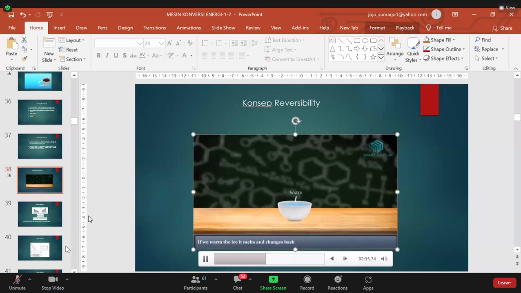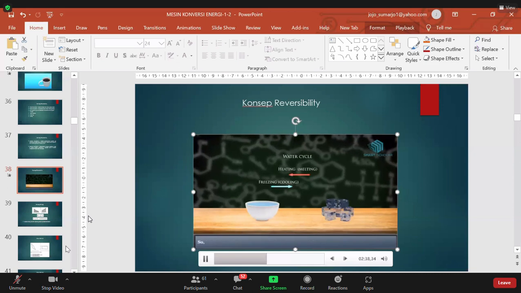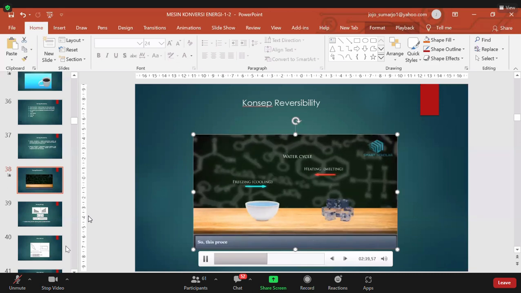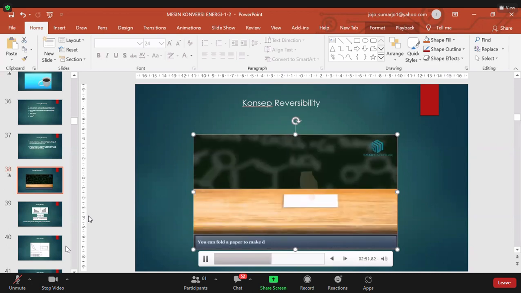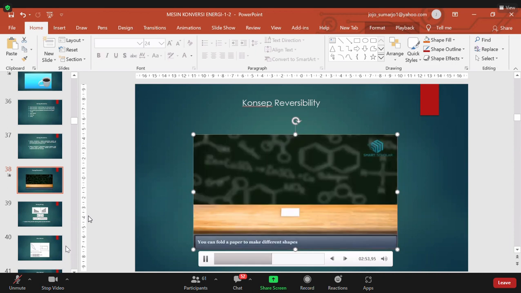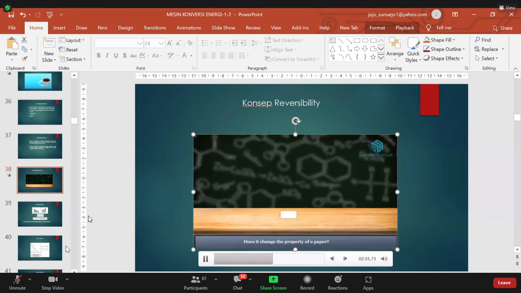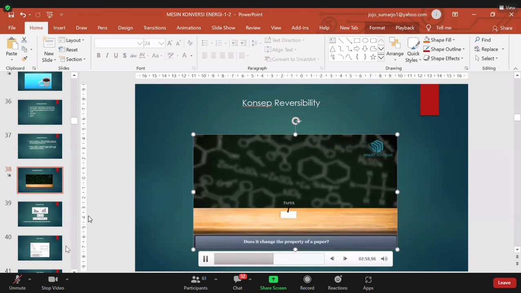Ya, ini water to ice to water, bolak-balik bisa. Kemudian lipatan kertas dibolak-balik bisa, tapi tidak mengubah substance, tidak mengubah zat. Volume tidak berubah.